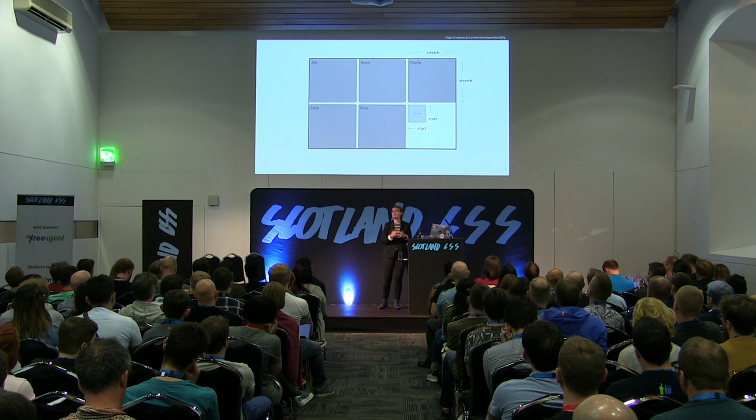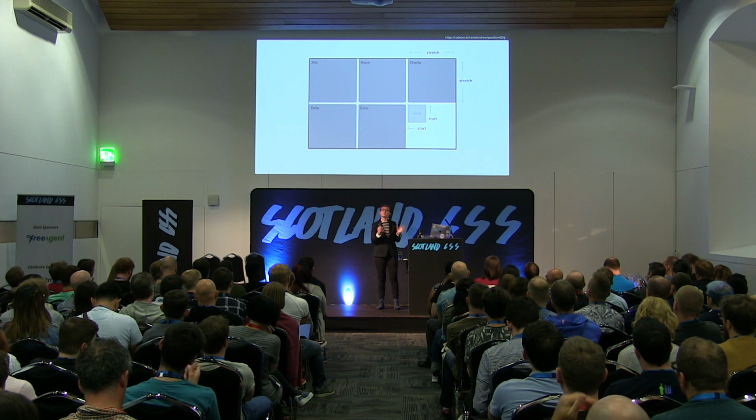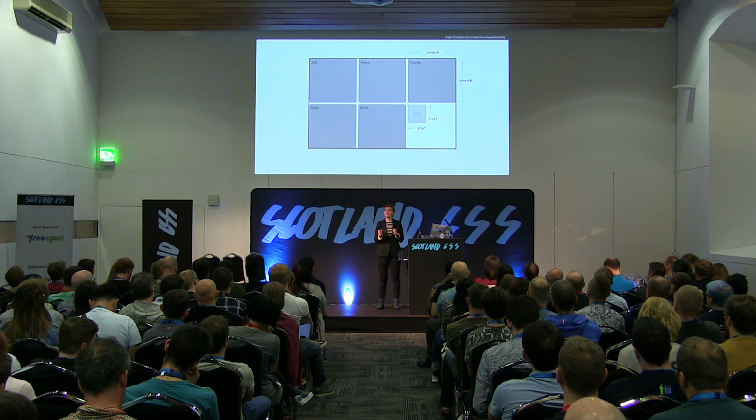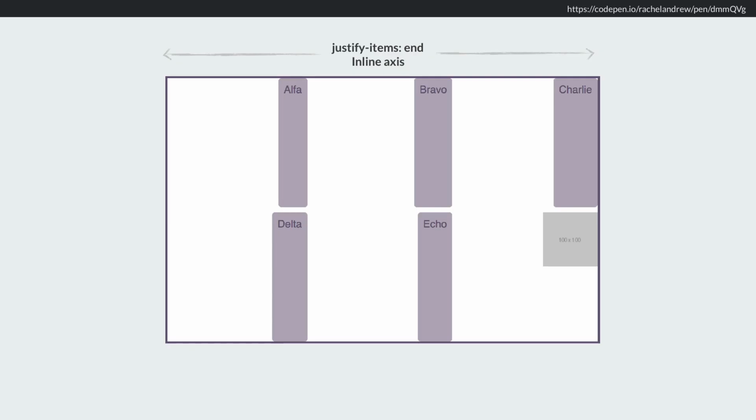This means that we don't stretch your images and make them look untidy by default. So if you've just got regular content, then it will stretch. If it's an image, it will sit up at the start so that it doesn't get all stretched and look a mess. And so we can do justify items on the inline axis and bump all our items over.